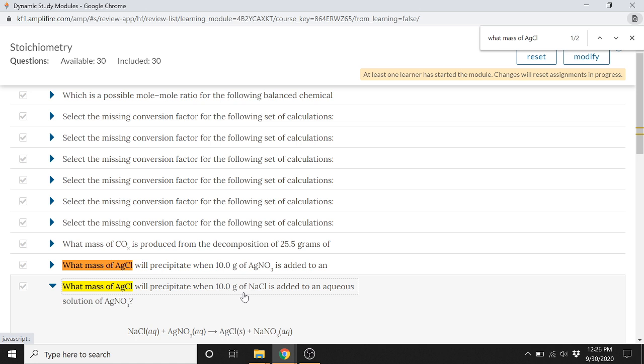The Na on the periodic table, if I remember correctly, it's 22 point something plus 35. And so somewhere around 57. 58.44. Okay.